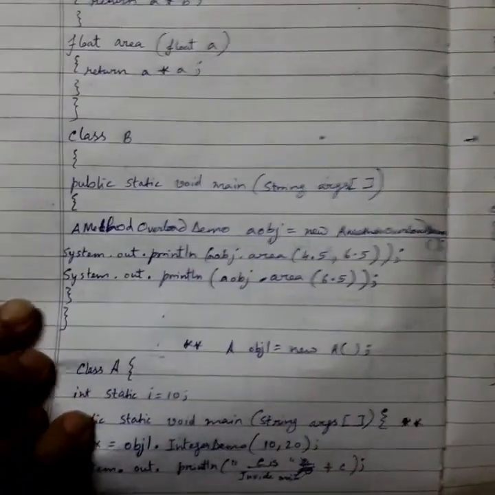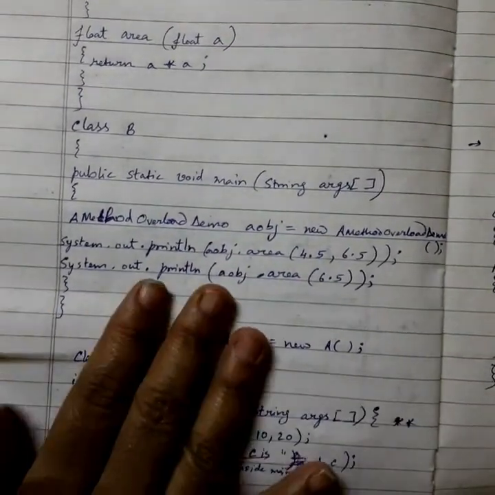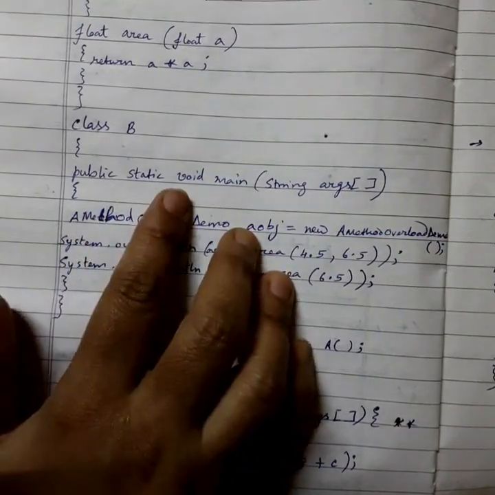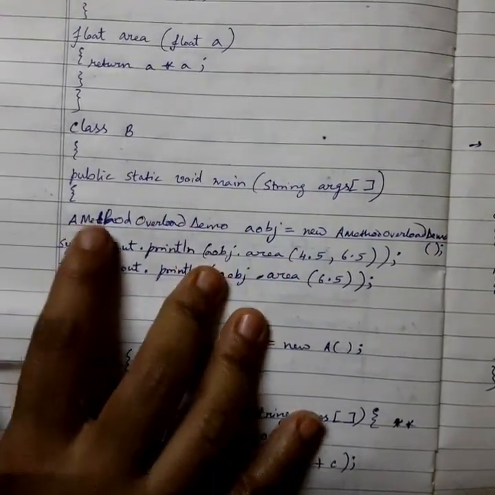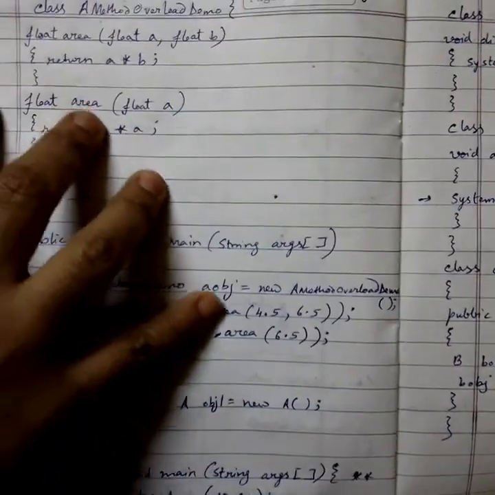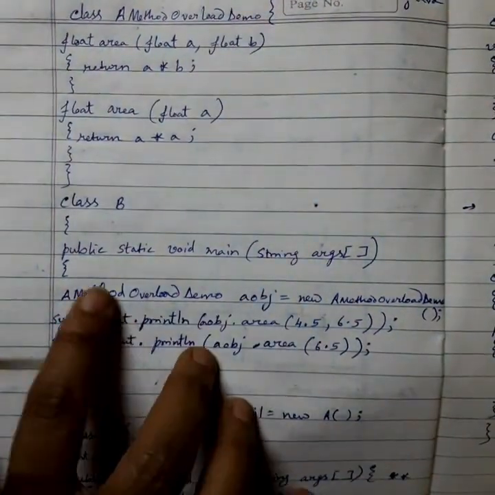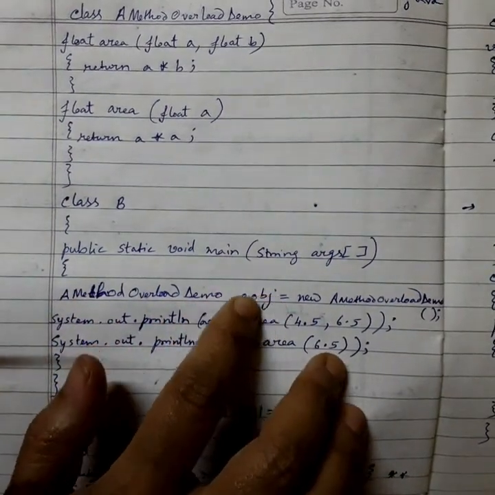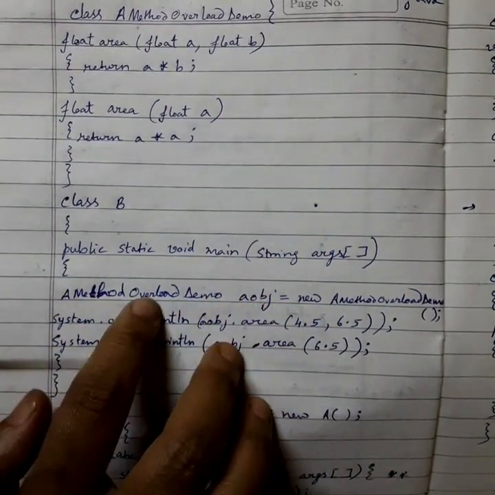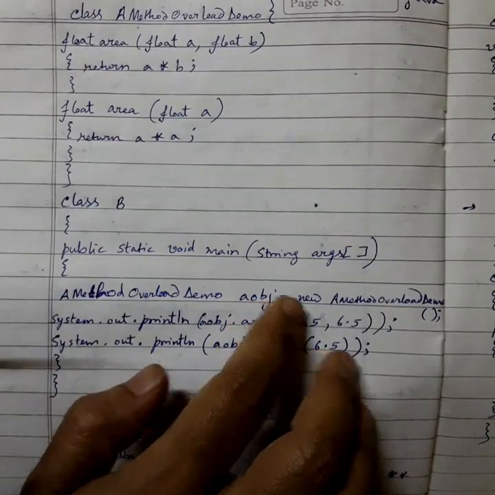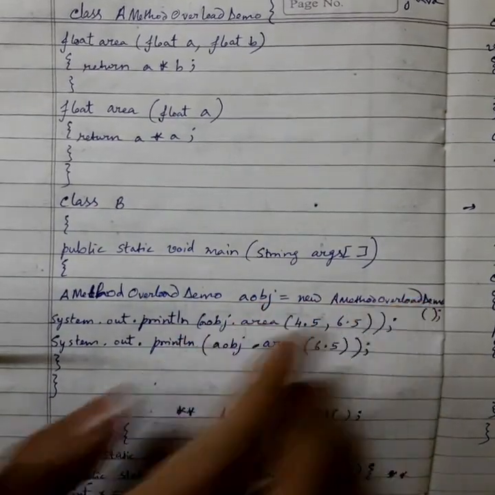I am now going to access the methods from the main method. I create an object of the class in which the two methods are residing. MethodOverloadDemo is the name of the class, so I create an object of that class, aobj: MethodOverloadDemo aobj = new MethodOverloadDemo.